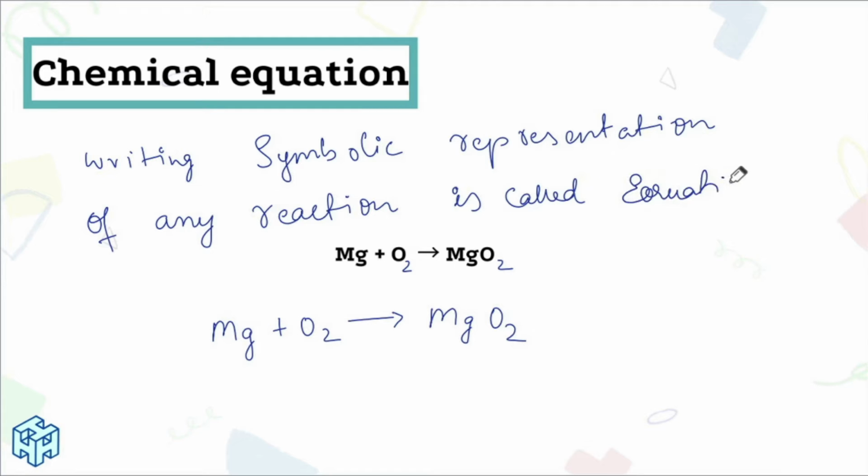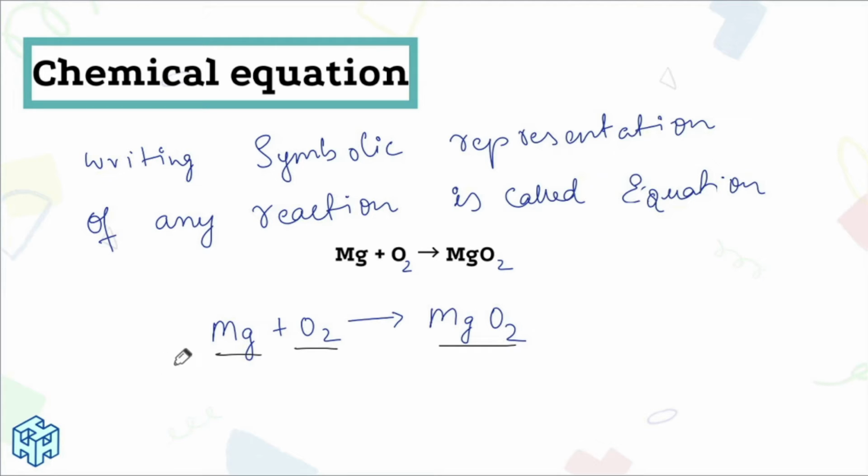Yes or no, sir? We write equations like this only, right? For example, what is a mathematical equation? Writing anything in the form of a standard representation. Similarly, in a chemical equation, a standard representation is called a chemical equation.